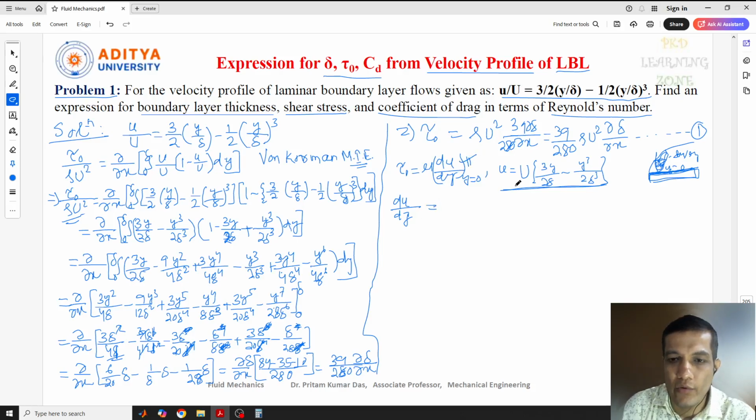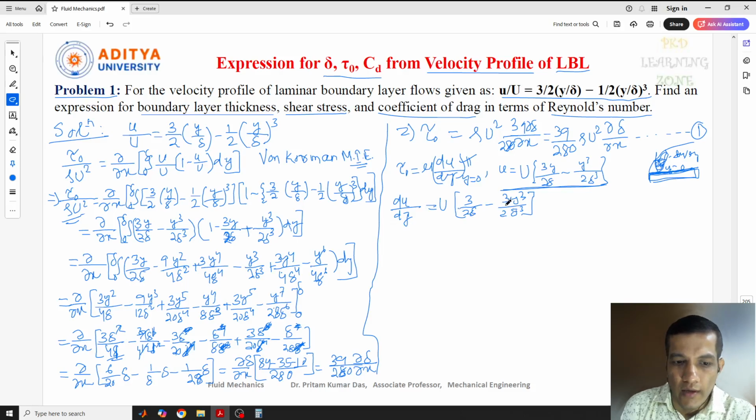So du by dy equal to how much? Just take the derivative of this: keep U outside, and the derivative gives 3 by 2 delta minus 3y square, derivative of y cube, over 2 delta cube, 6 delta cube, and bracket close.